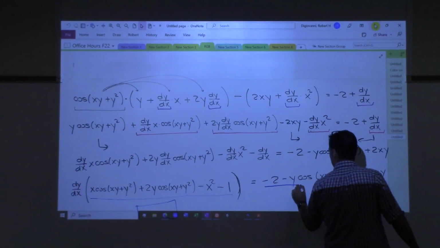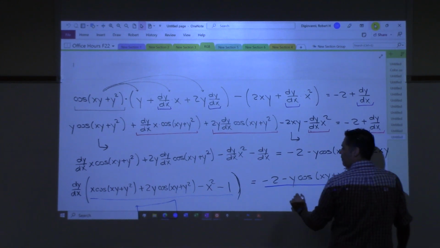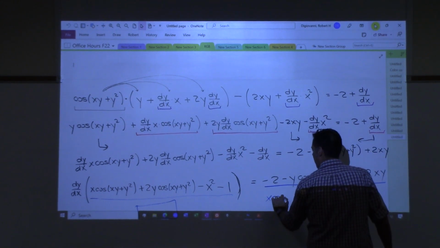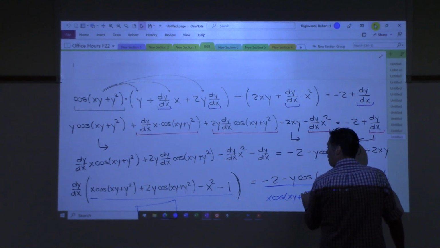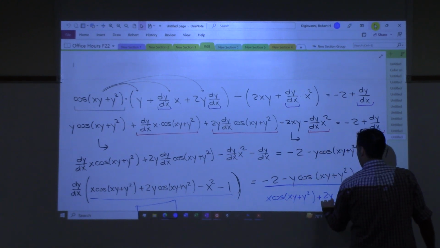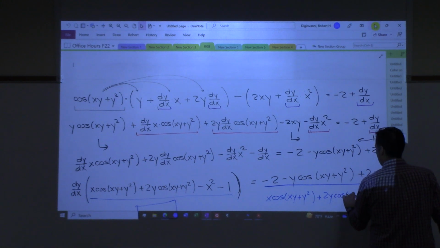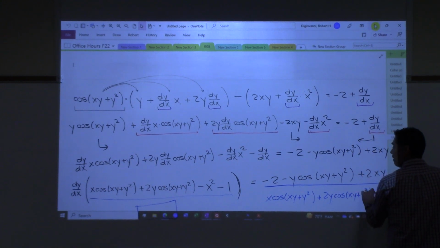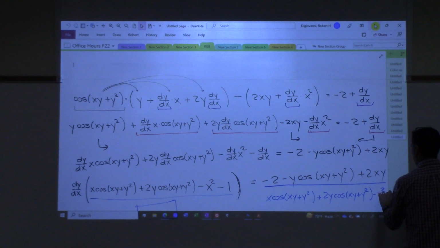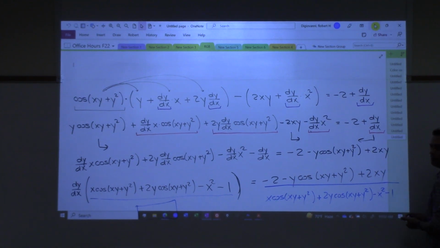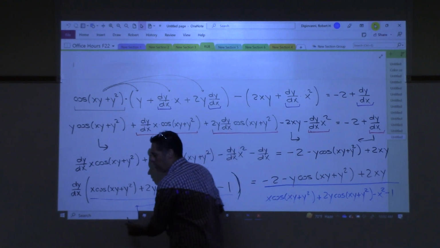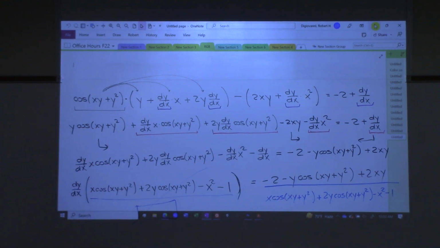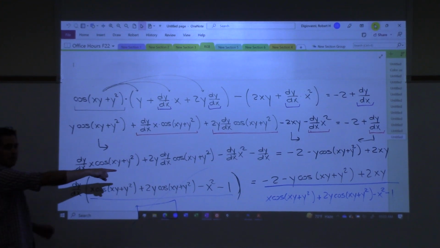So I'm going to just divide it over here. It's x cosine of xy plus y squared plus 2y cosine of xy plus y squared minus x squared minus 1. There we go. So it goes away over here, right? It goes away completely. And you have your dy dx alone. So that's your answer.